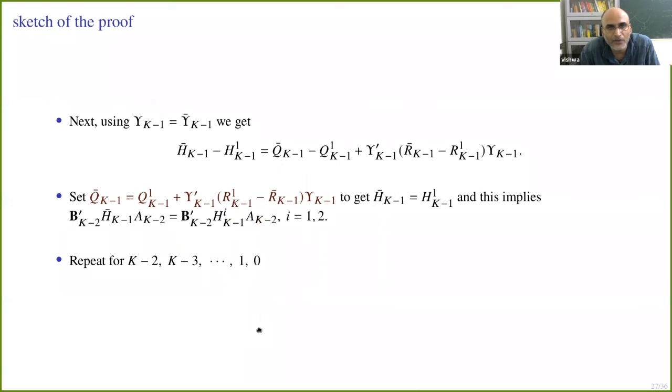Once this is shown, we go ahead and set the parameters for the optimal control problem. The parameter QK minus 1 bar is set as follows, since I already computed this and set this parameter before. Then we can set this parameter and so on. We can carry out this process.